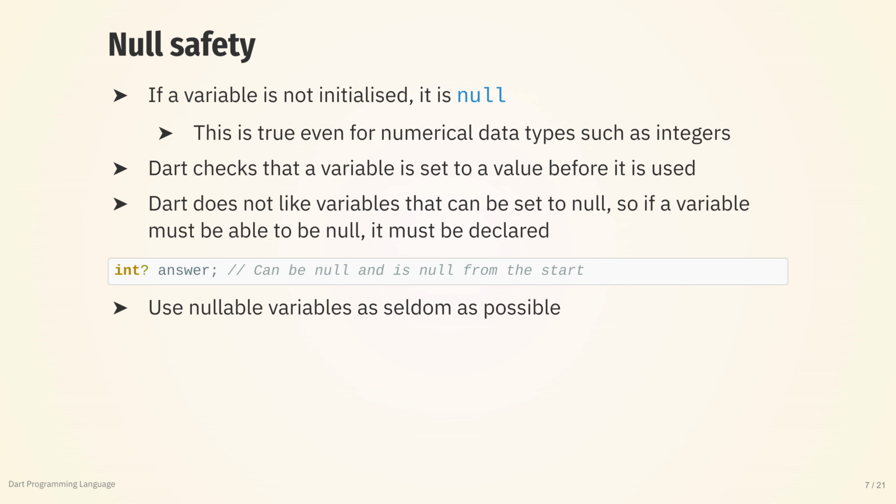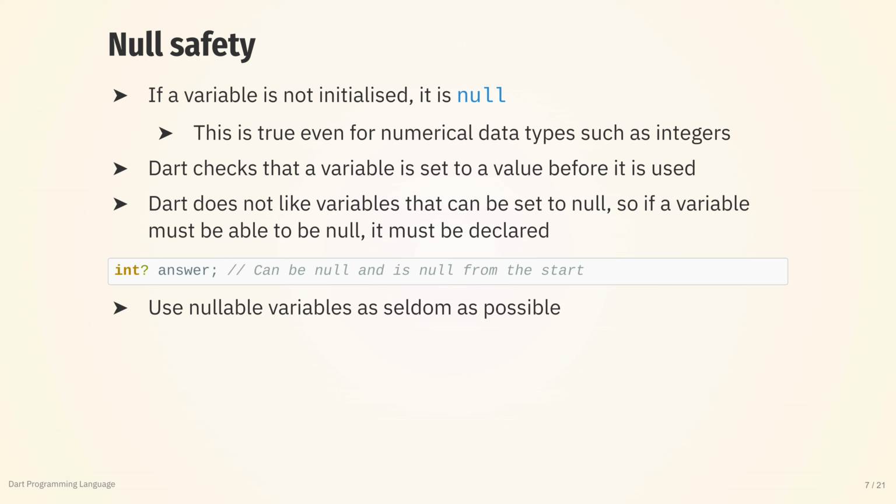And this is true for any variable, even if they are numerical data types, such as integer. And Dart checks this before the value is used. And with version 3 of Dart, your code has to be null safe, meaning that we need to know whether a variable could potentially be null or not.